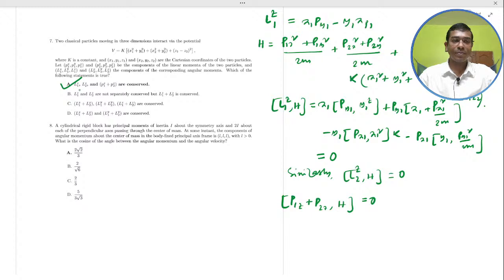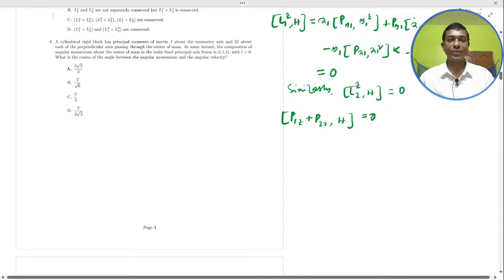Option A is correct because L1z, L2z are conserved, means L1z with the Hamiltonian commute, means L1z and L2z are simultaneously measurable. And for P1z plus P2z with the Hamiltonian it is always 0, so it will be conserved. Option A is correct. Next question.